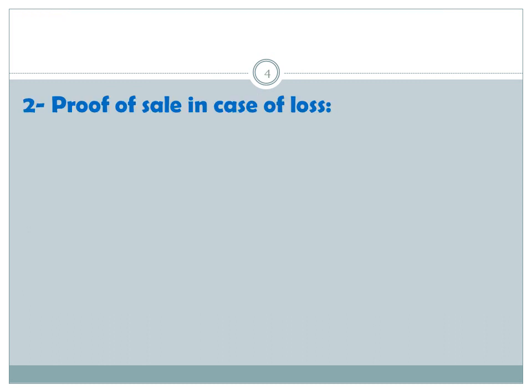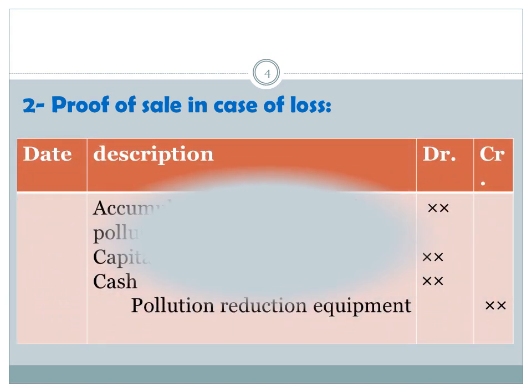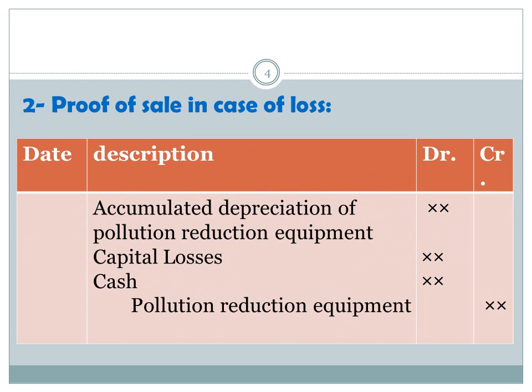To sell an asset in case of losses. Firstly, we sell an asset, so this asset will be in the credit side, because when we sell an asset it means the asset decreases, so pollution reduction equipment is in the credit side. The normal balance of accumulated depreciation is credit, but when we sell an asset, accumulated depreciation will be in the debit side.